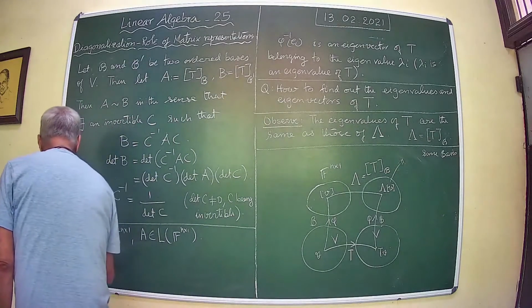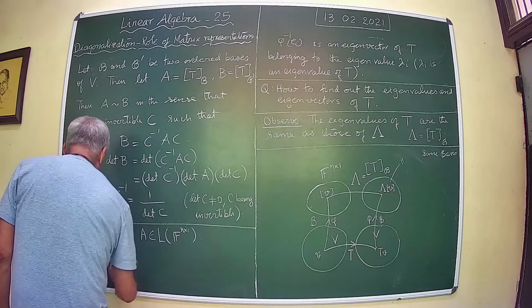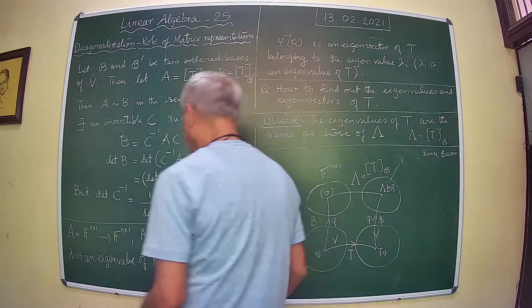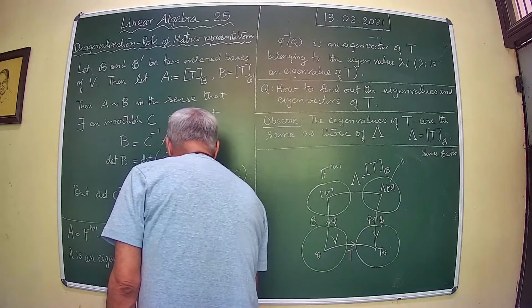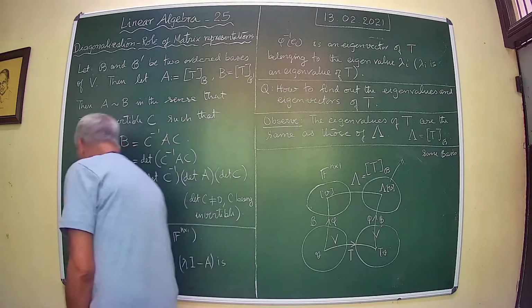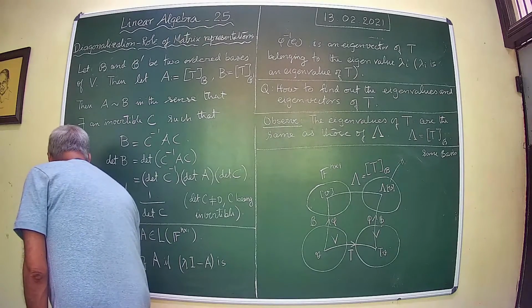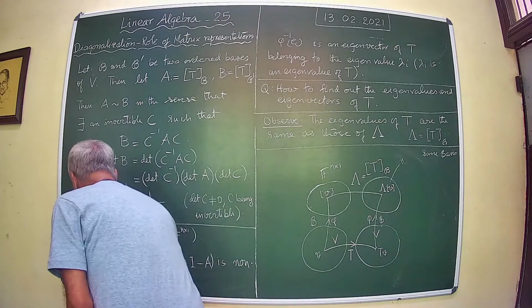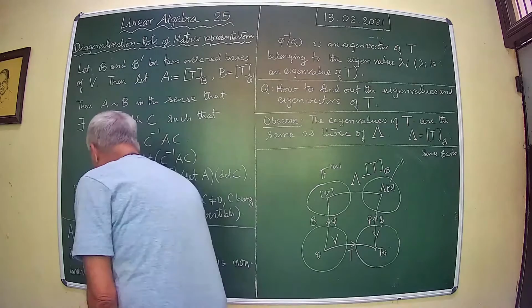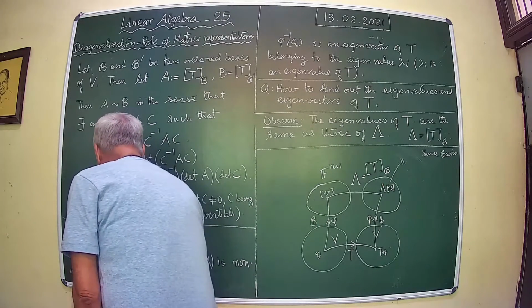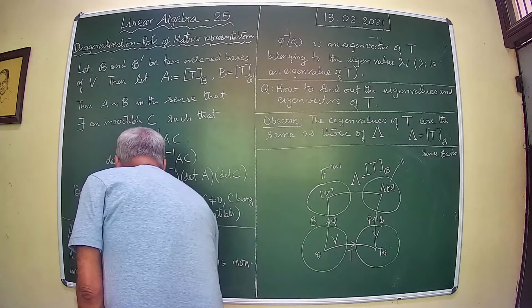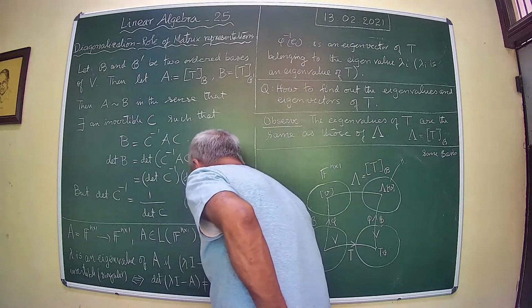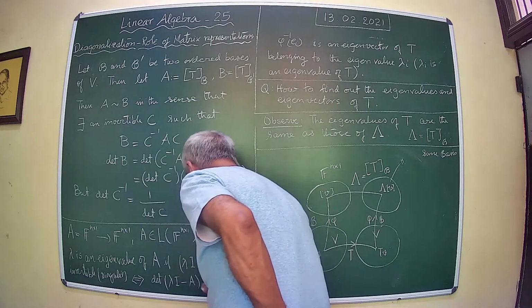Now lambda is an eigenvalue of A if lambda I minus A is non-invertible, or what you call singular, and this is if and only if the determinant of lambda I minus A is equal to 0, sorry.